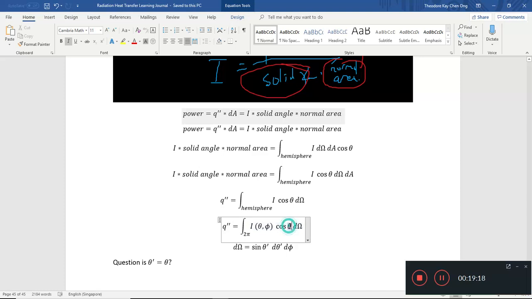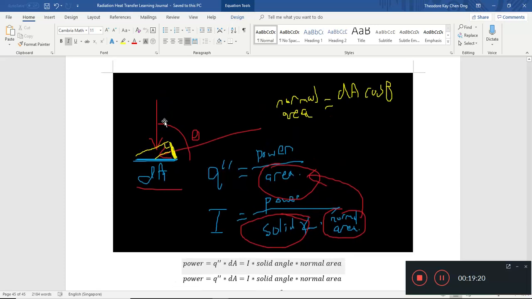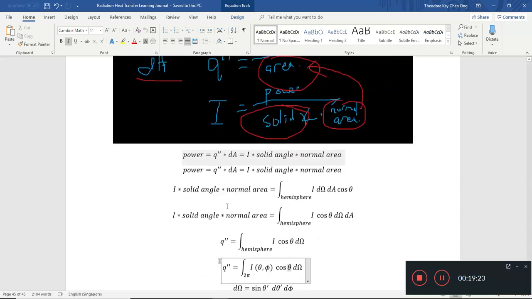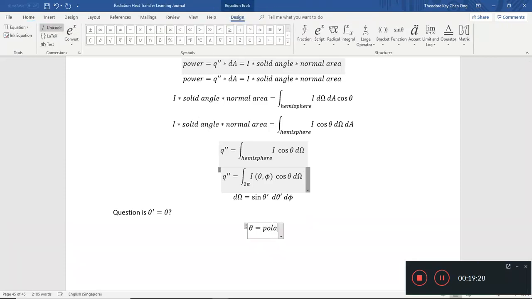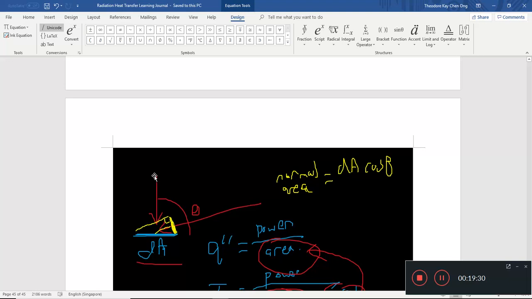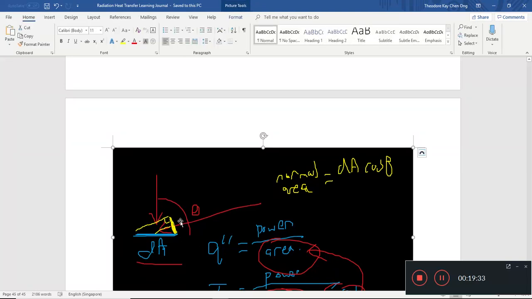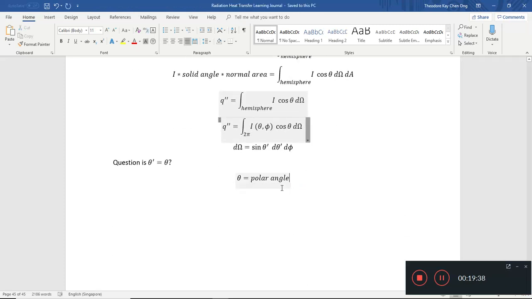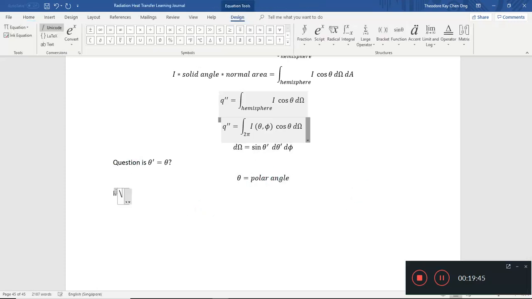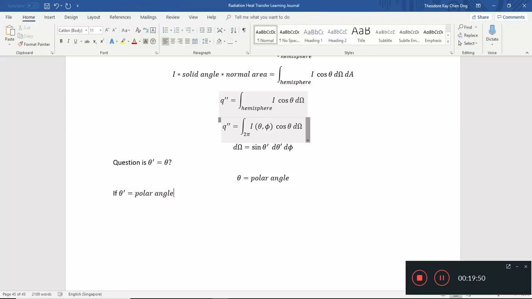And this theta here is the angle from the normal, and that will be the polar angle, right? Because this is the pole and this angle is the angle with respect to the normal, or the pole, the north pole, so to speak. So if theta prime is the polar angle, then theta prime equals theta.